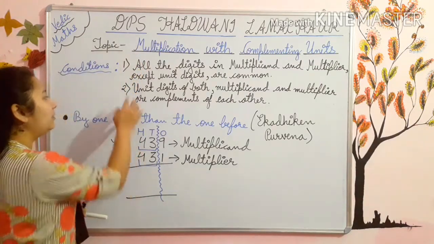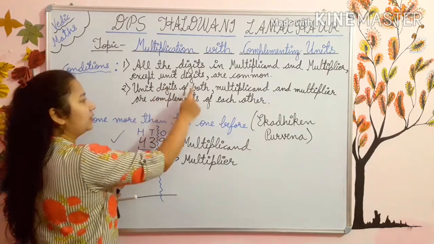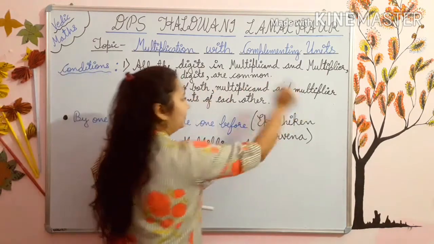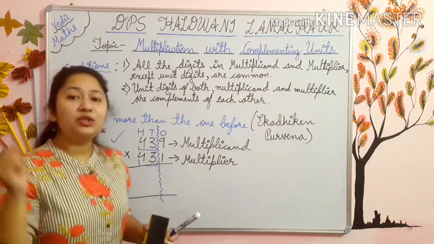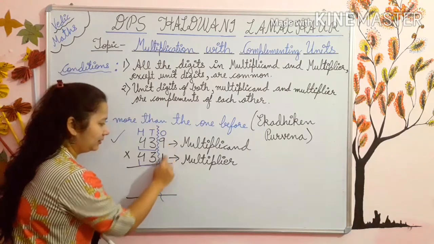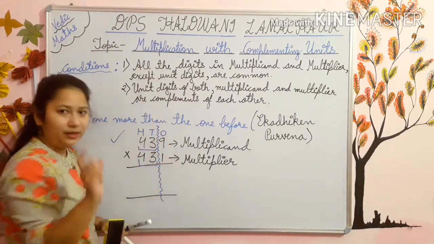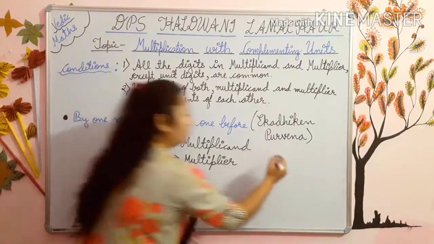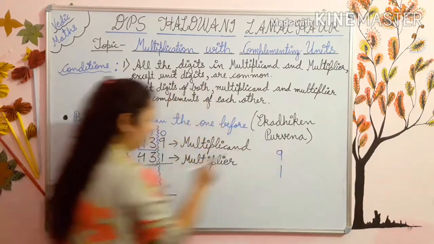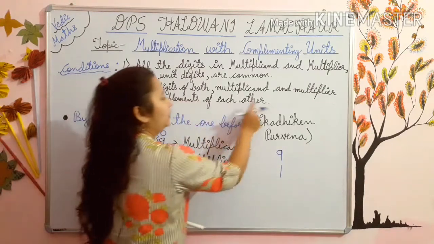Now see your second condition. The second condition is about the unit digits of both the multiplicand and multiplier, the unit digits which you removed earlier. Your unit digits are 9 and 1. See, 9 and 1 are complements of each other.